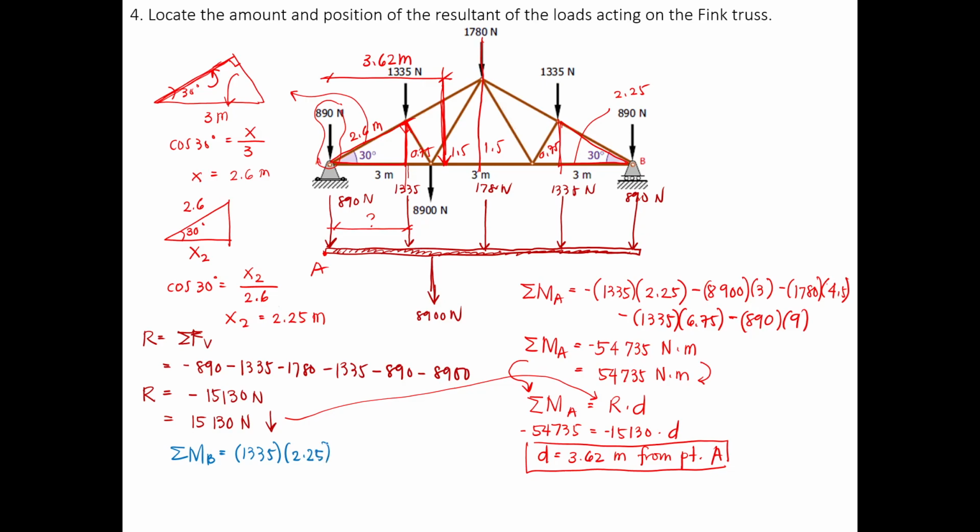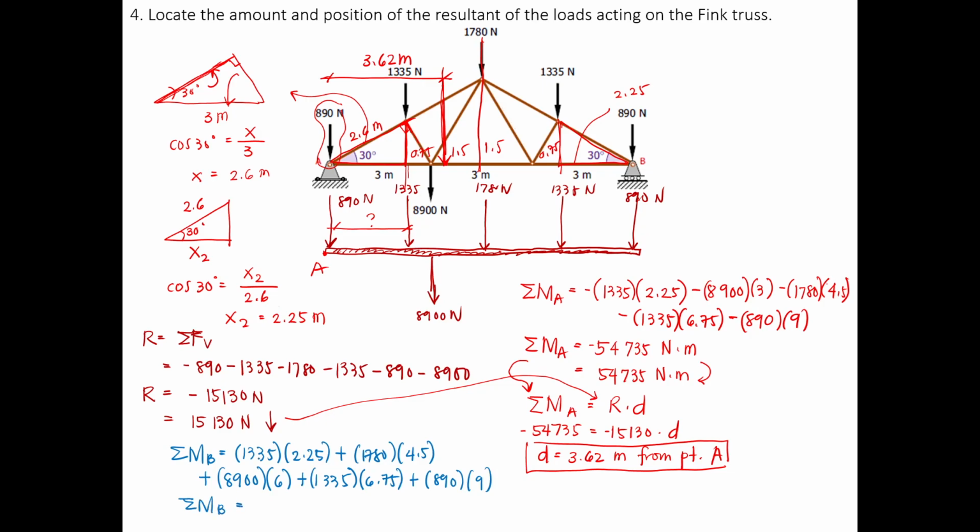This time we're going to have positive values for your moment, since all moments will be in counterclockwise direction, plus 1780 times 4.5, and then plus 8900 times 6, and then plus 1335 times 6.75, and lastly 890 times 9.